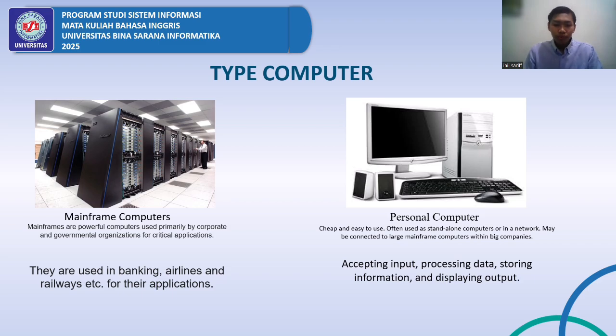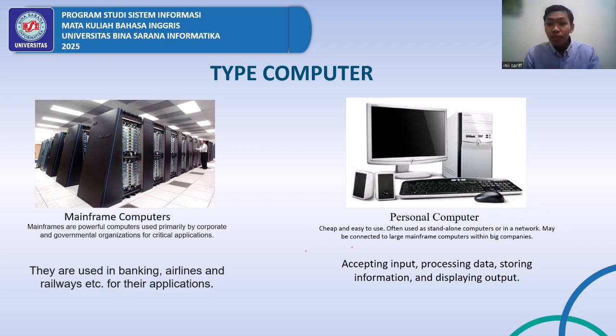And the next is personal computers, like the PC that I use daily. They are cheap, easy to buy, and easy to use, and often used as standalone computers or on a network. They might be connected to large mainframe computers in big companies.